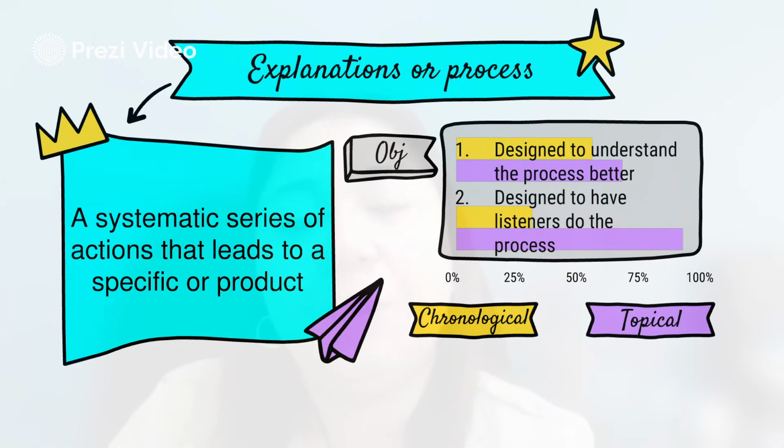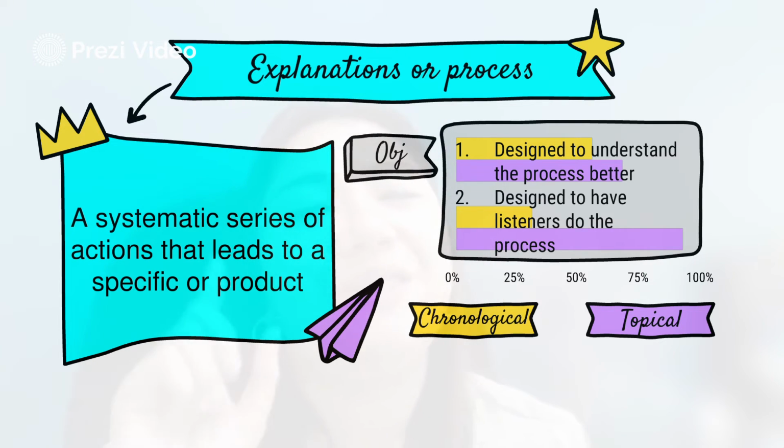All right. The objective of this speech is to make sure your audience understands the process better. And number two is to have the listeners do the process. When they listen, oh, is that so easy to make nasi goreng?